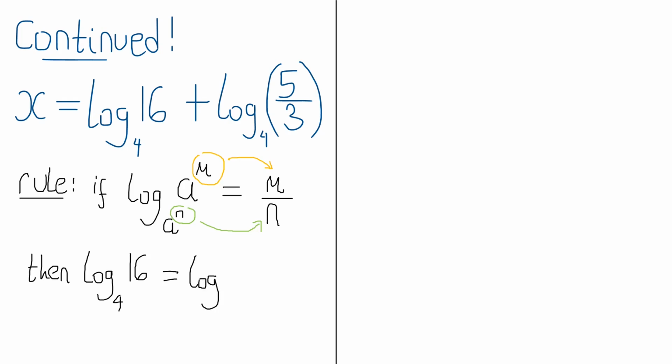Change 16 to 4 power 2. The final simplified form is 2 plus log base 4 of 5 divided by 3.